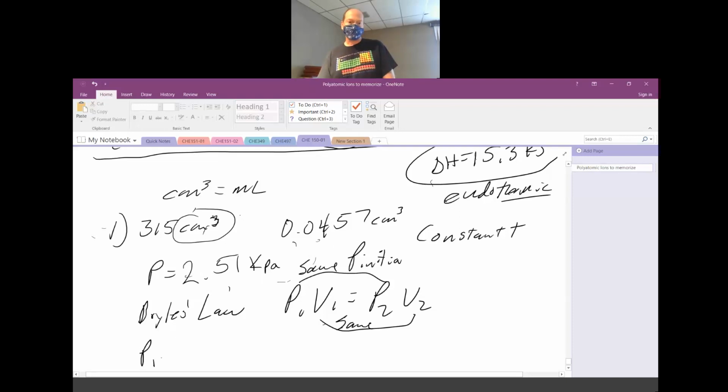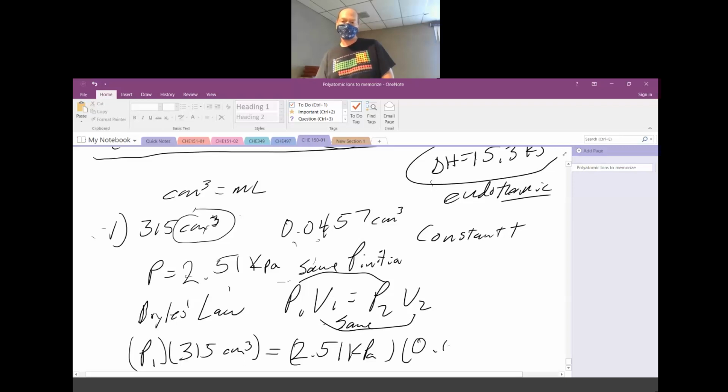All right, so pressure one, the initial pressure, that's the question. Calculate the initial pressure. Volume one, the first volume, was 315 centimeters cubed. Pressure two was given as 2.51 kilopascals, and your volume two was given as 0.0457 centimeters cubed.